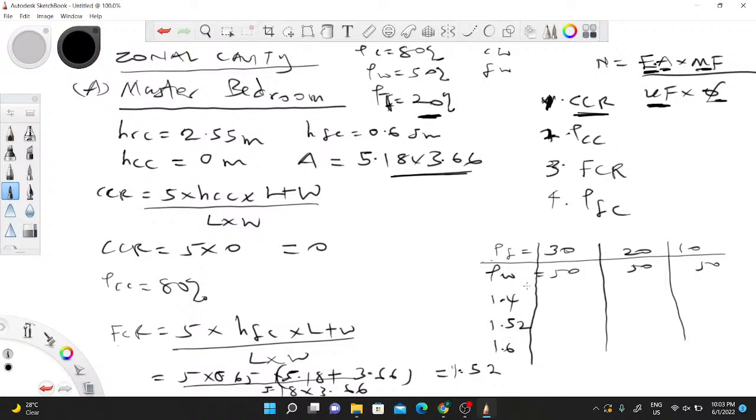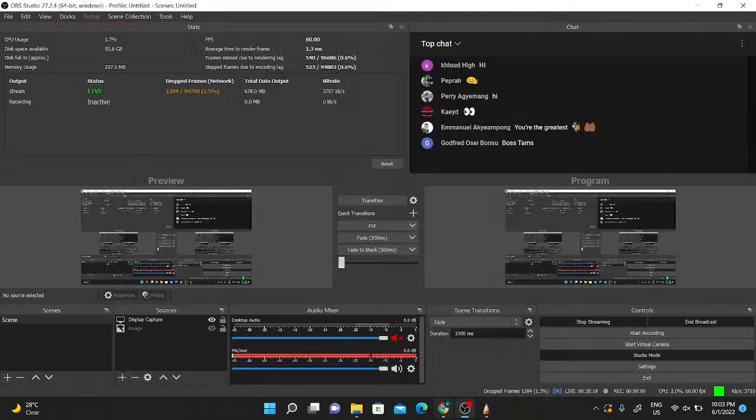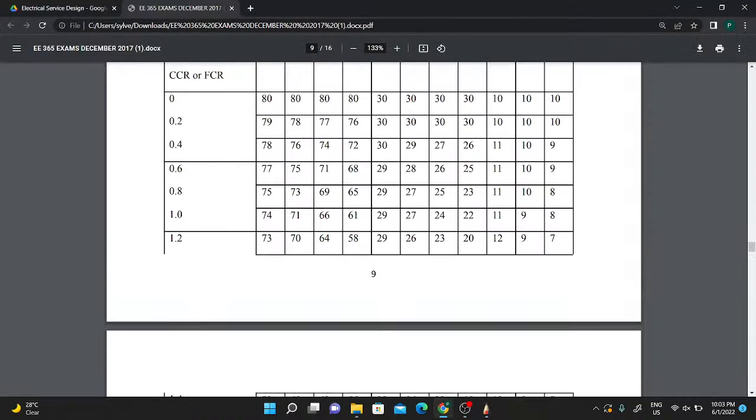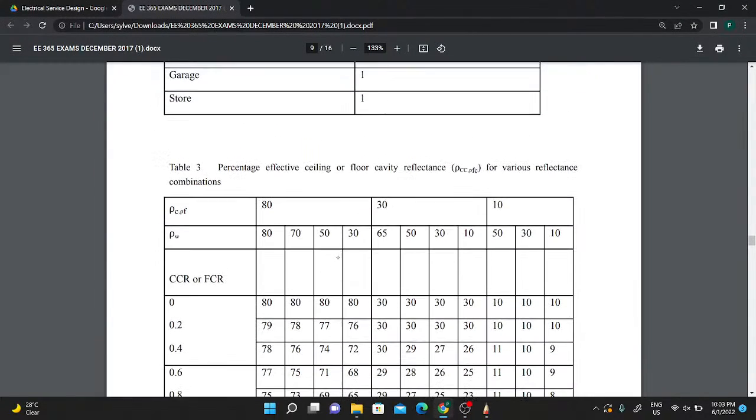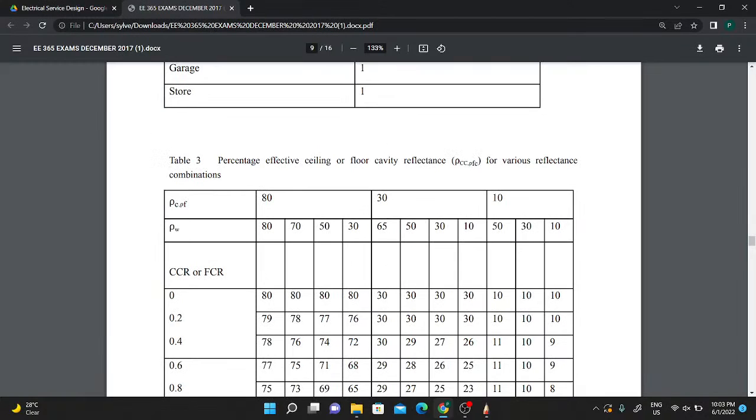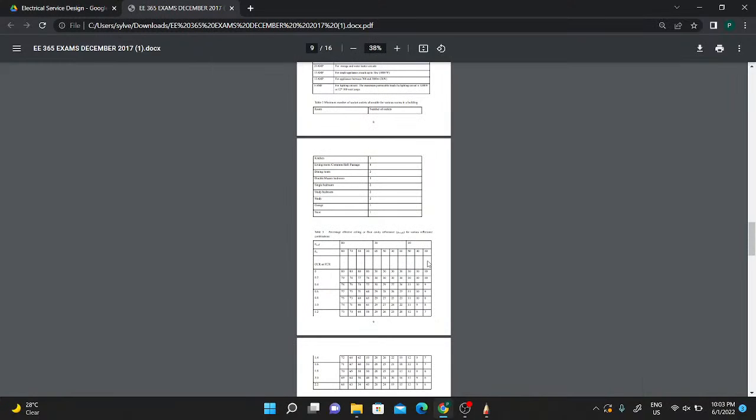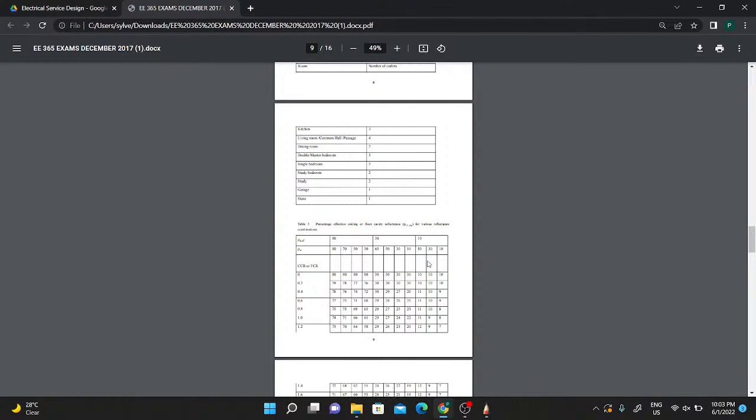So I'll check at row F of 30 and row W of 50. The table is split into two, so let me make it small. I hope it is clear enough.